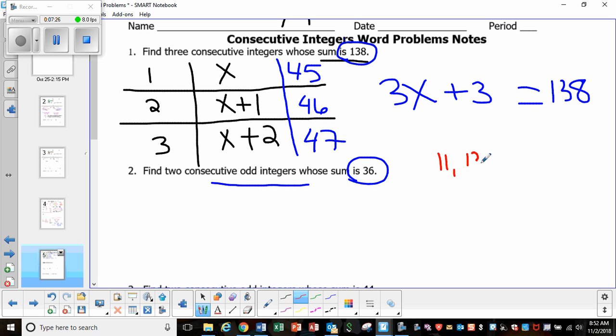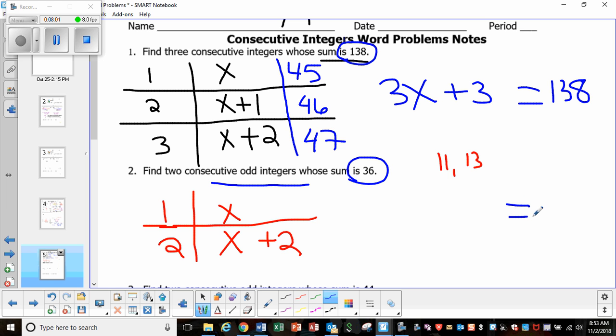So can you tell me, if I say that 11 is x, so that would be my first integer, how do I get to 13, Zach, which is my second integer? Okay, I do skip, but if I want to think mathematically, if I say x is 11, how do I get from 11 to 13? You would add 2.